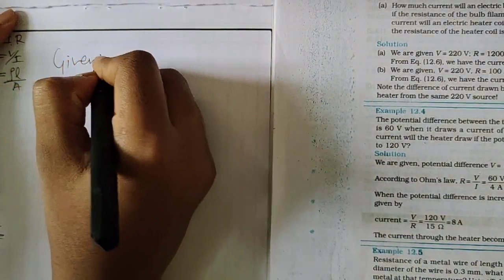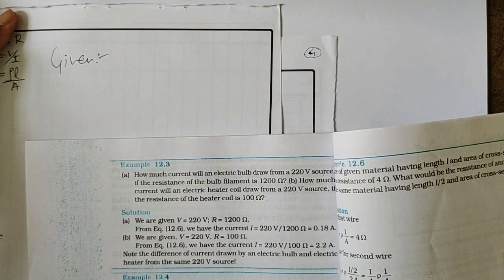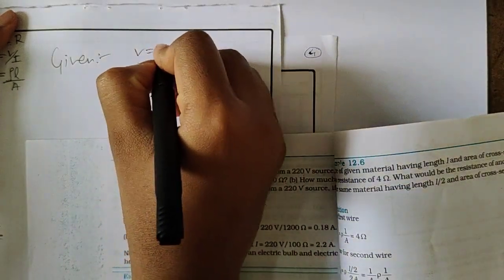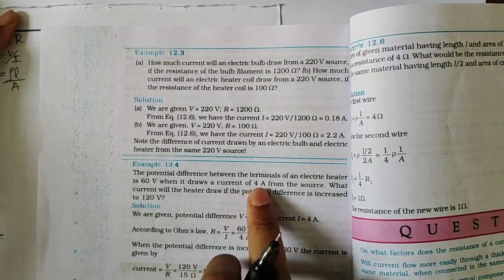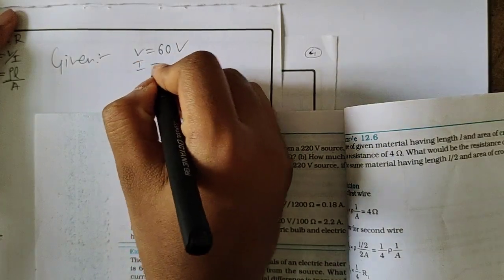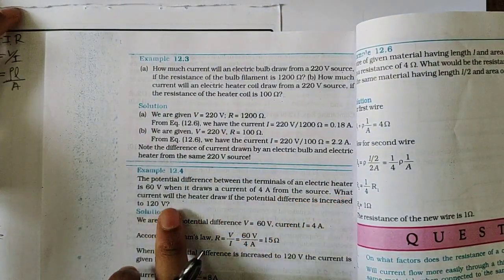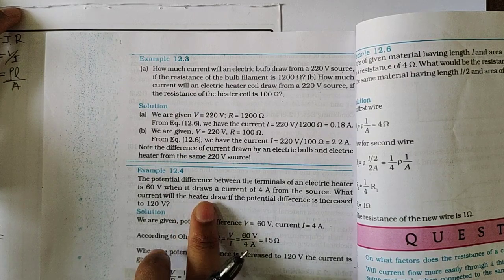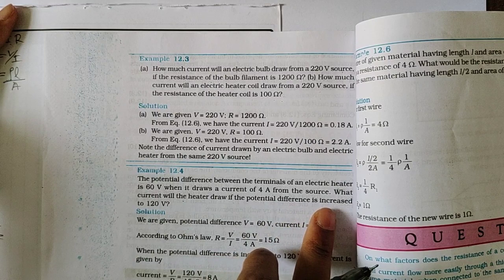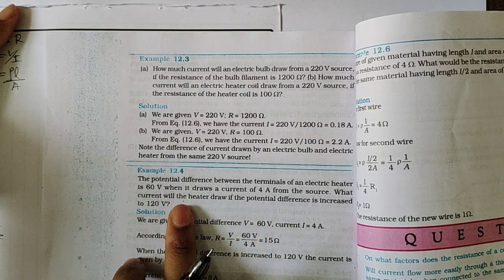So what are they given? They are given potential difference, V is equal to 60 volt, and current is 4 ampere, that is I is equal to 4 ampere. Then what are they given? What current will the heater draw if the potential difference is increased to 120 volt?